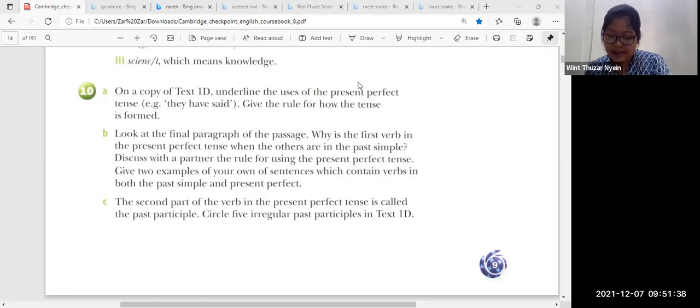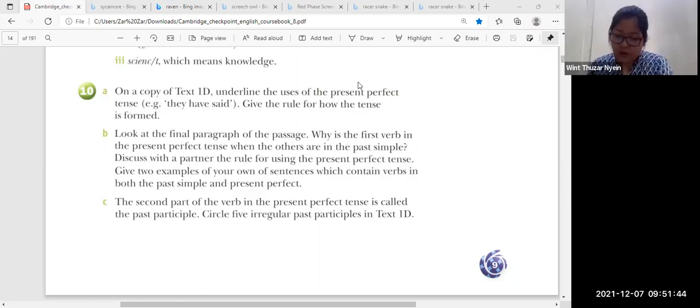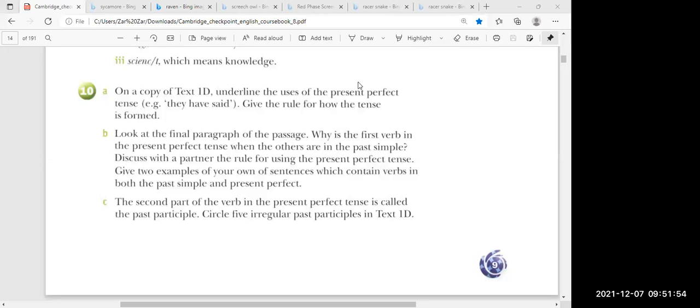Next one is A. A, have you read the passage? Yes, teacher. Okay. So, according to the myth, where do the gods live? They live in Olympus. Yes, Mount Olympus. Okay.